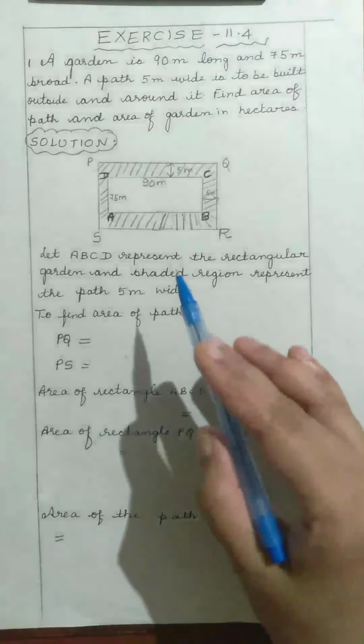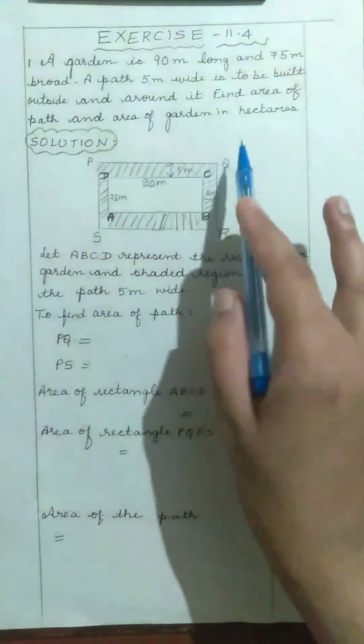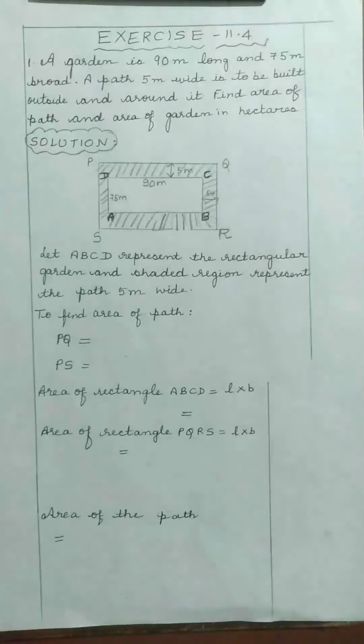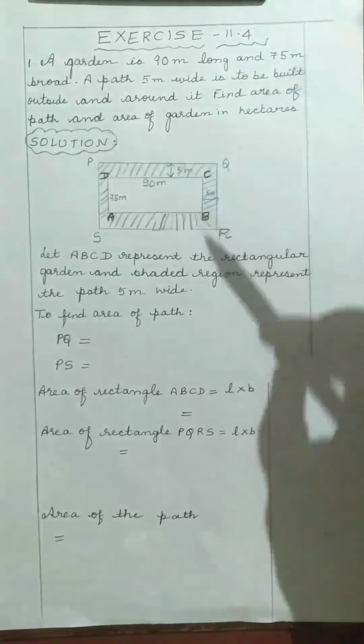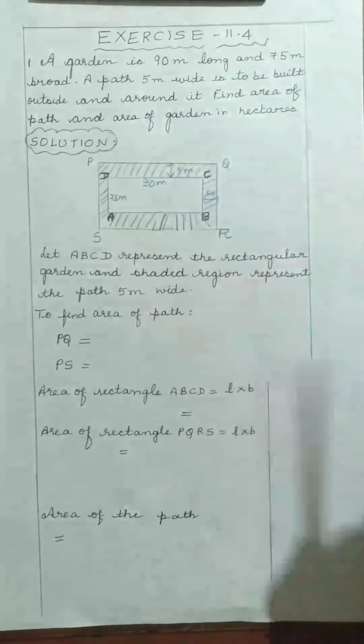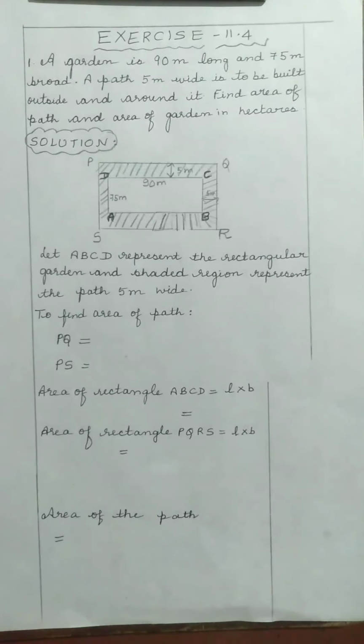To find out the length of the rectangular region PQRS, that is PQ, the method we follow is to take the length from the rectangle ABCD, where the length of rectangular garden ABCD is equal to 90.